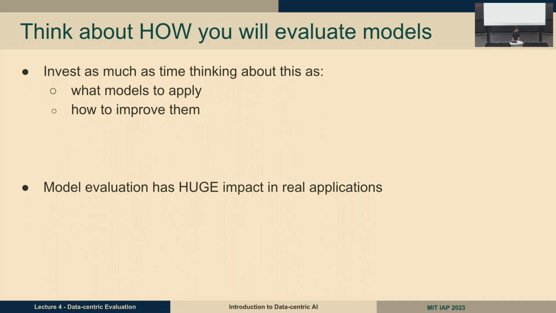Probably 70% of the result you get in the end is how you evaluated your models. And that determines everything. So you should be thinking about that as much as you think about the fun questions in machine learning, like what models to apply and how to improve them and what kind of tricks you can come up with.